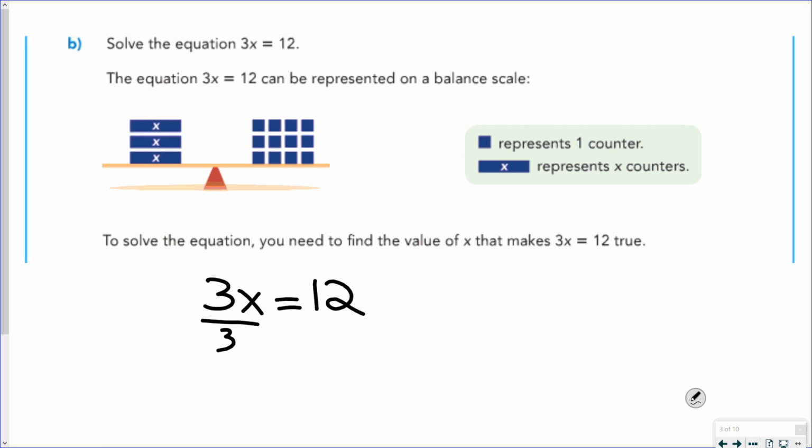And since we're dividing one side of the equation by 3, we have to do the same thing on the other side to keep it balanced. So we will divide both sides by 3. The 3's cancel each other out, so we're left with x. And then 12 divided by 3 is 4. And if we were to put that back into the equation, 3 times 4 does equal 12.